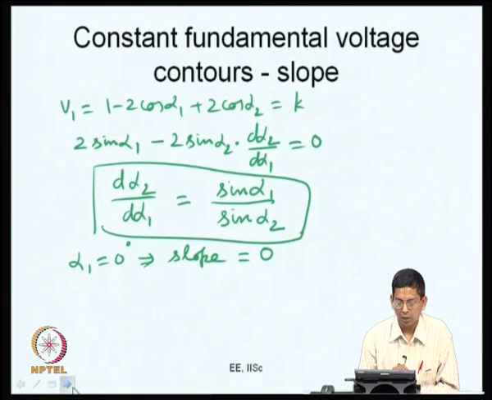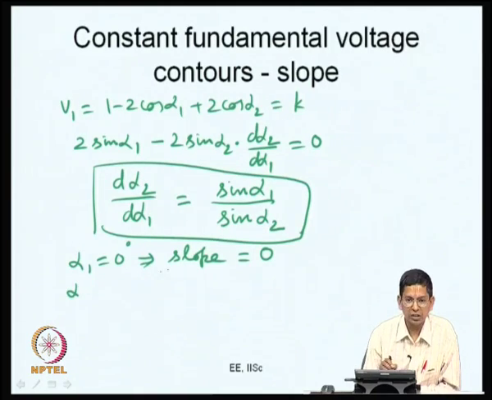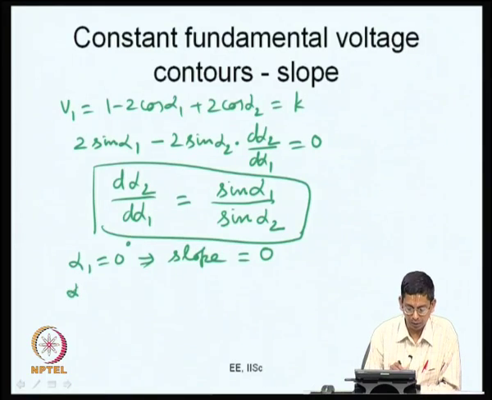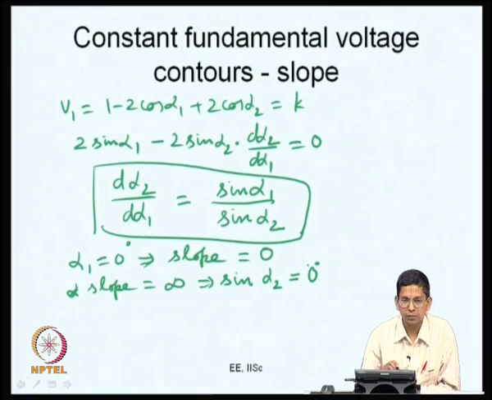When is the slope going to be infinity? When alpha 2, for certain values of alpha 2, is 0, the slope will be infinity. Let me start from that. Slope equals infinity implies sin alpha 2 is 0.